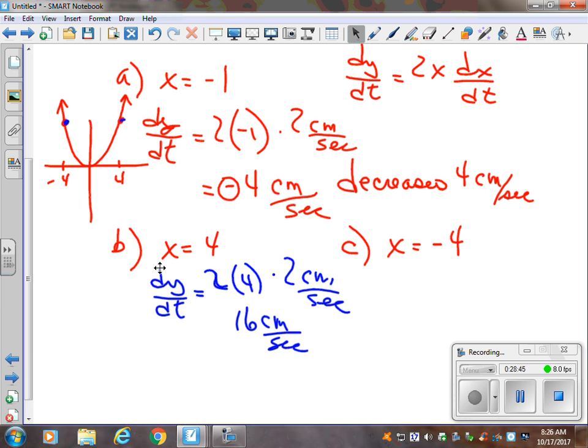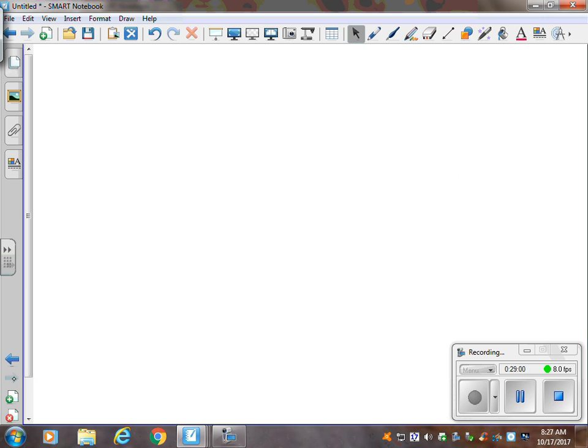Now, we'll do one more with the same kind of direction that I did on number 5 about a point moving, but the formula is going to change. But we're still going to use the same rate. So in number 7, we're using the same directions with a different formula.